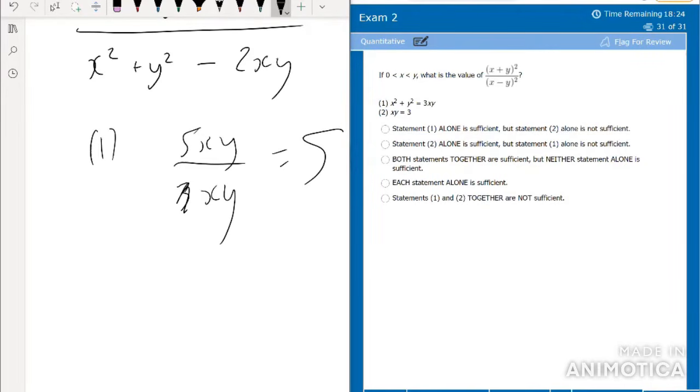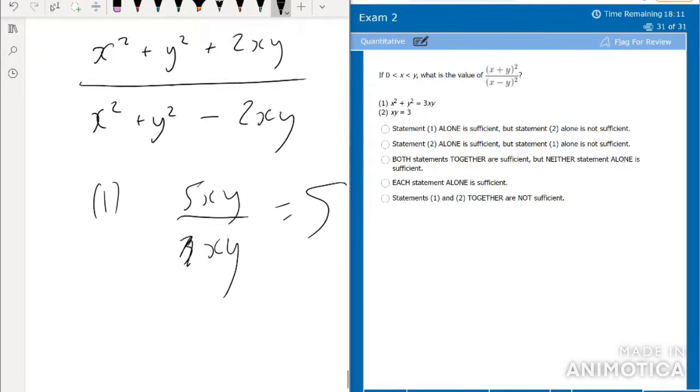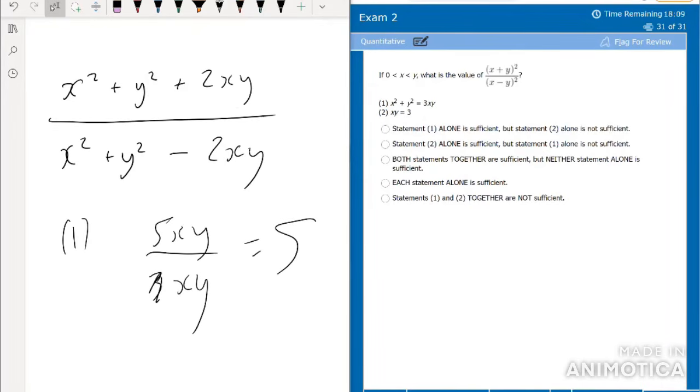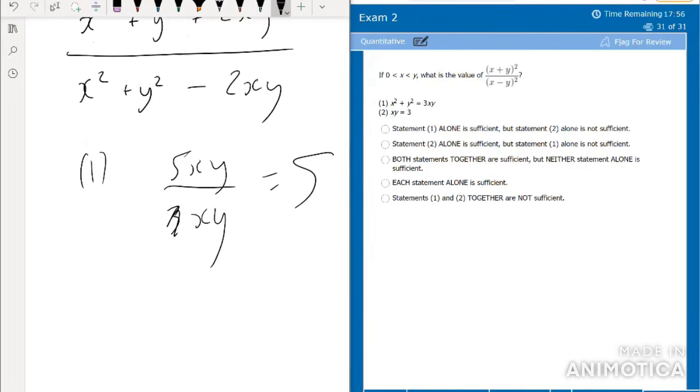Oh, is that alone enough? xy equals 3. So that turns this thing into x squared plus y squared.